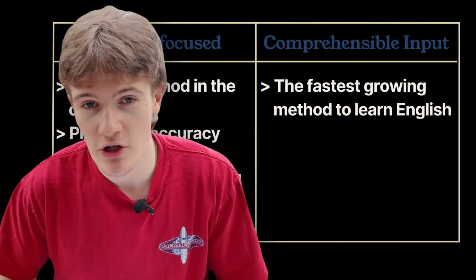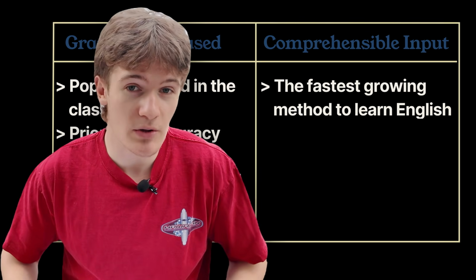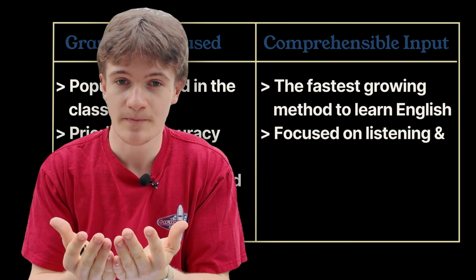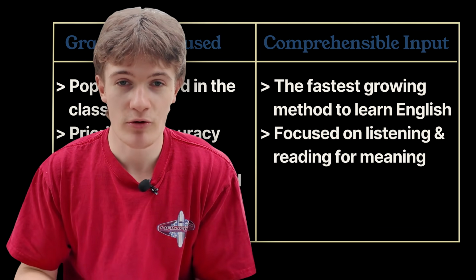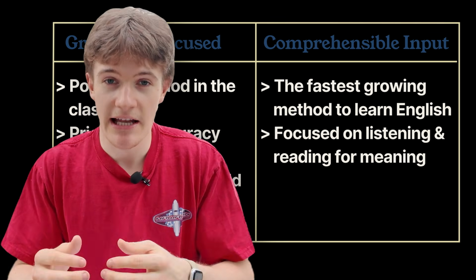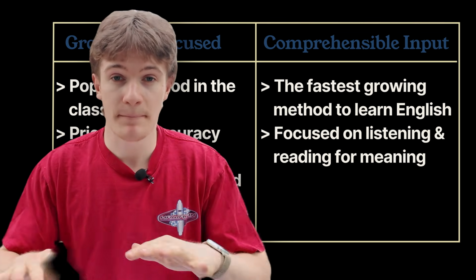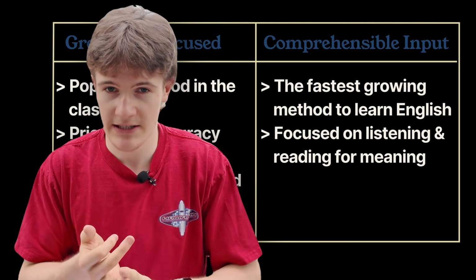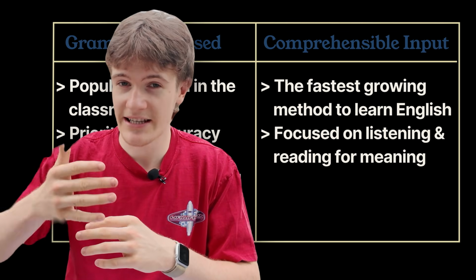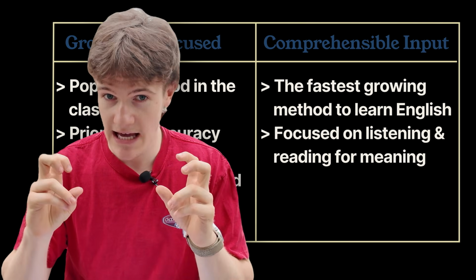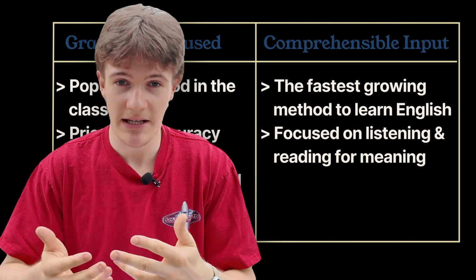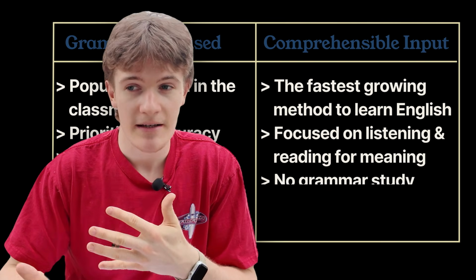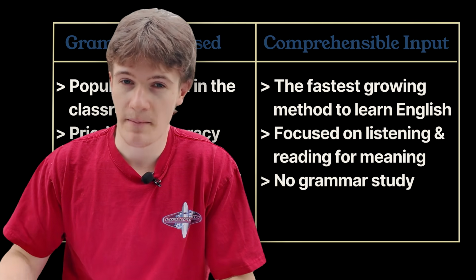But if you haven't heard of it, comprehensible input is where you listen to or read text in your target language, so in this case English, at a level that you can understand, and you're focused solely, purely, only on the meaning of what you're reading or listening to. So when you read or listen to the text, you're not worried about the syntax of the language, which just means how the grammar works in sentences, what tense you're using, and so on, just the meanings.